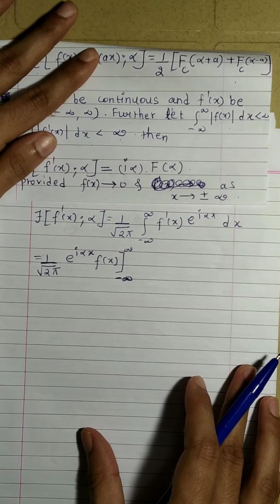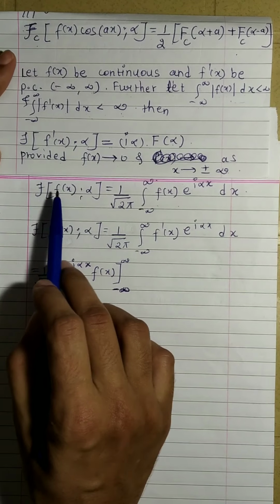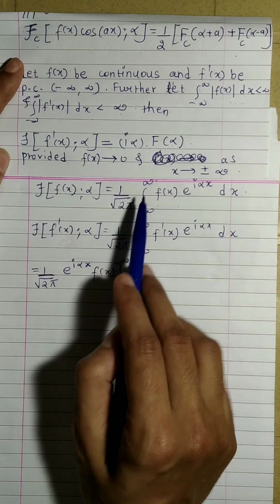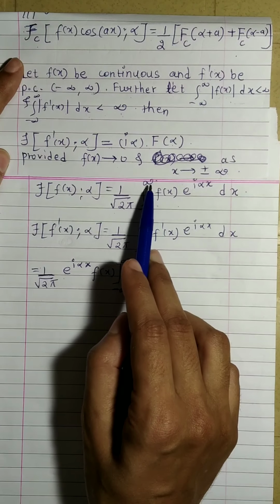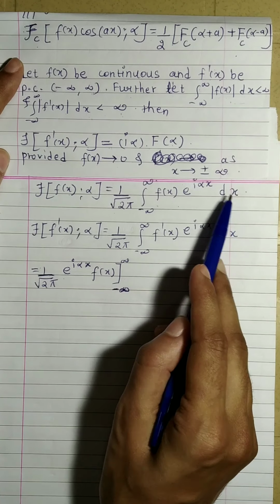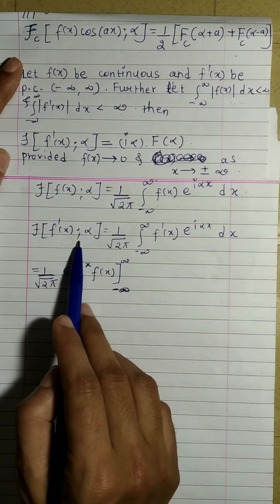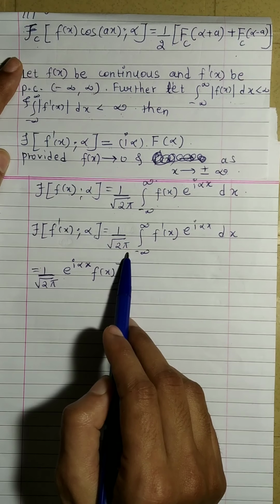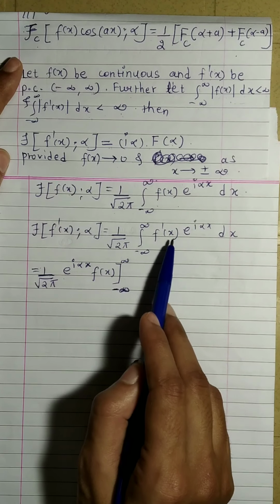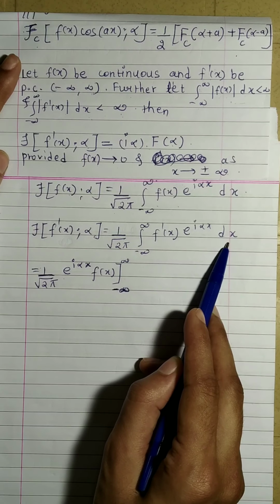Let us try to see how this property holds. The Fourier transform of f(x) is given by 1 upon root of 2 pi, integral from minus infinity to infinity f(x) e raised to i alpha x dx. So the Fourier transform of f'(x) will be 1 upon root of 2 pi, integral from minus infinity to infinity f'(x) e raised to i alpha x dx.